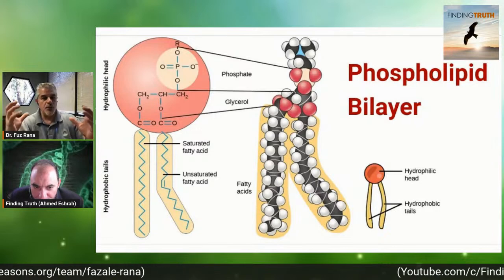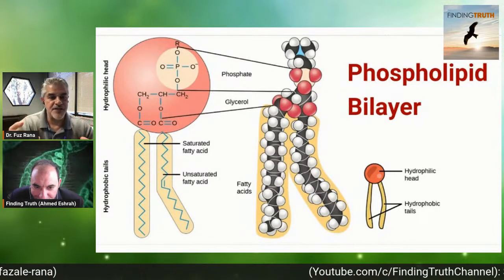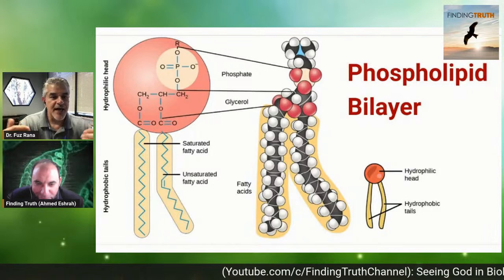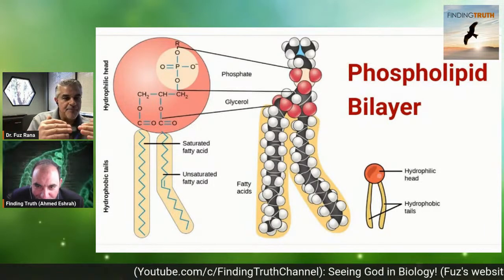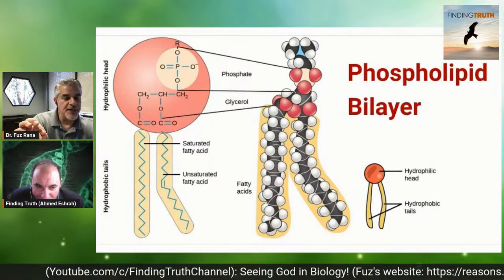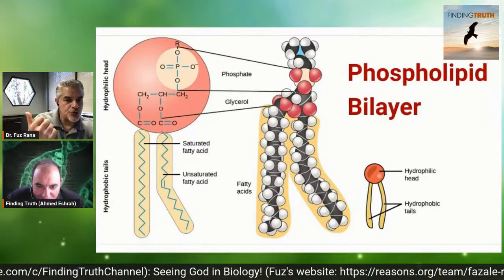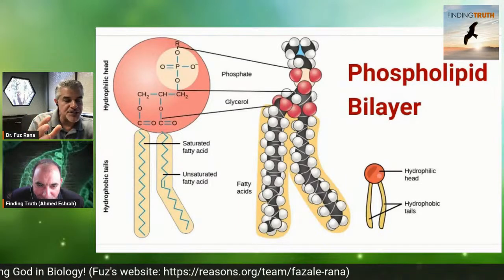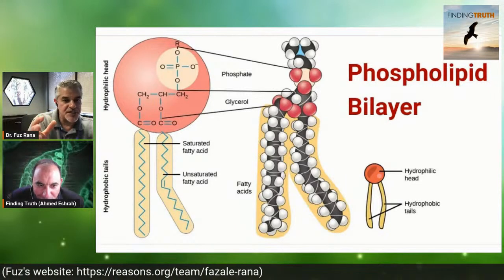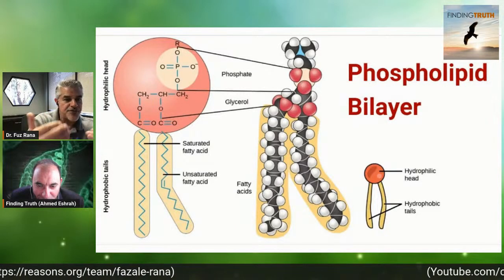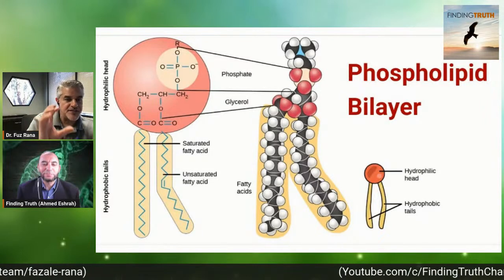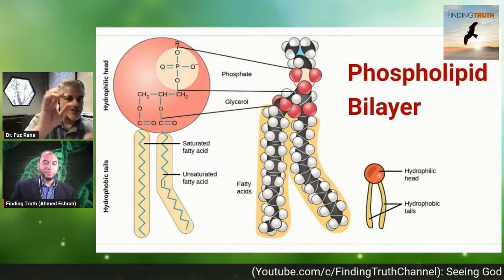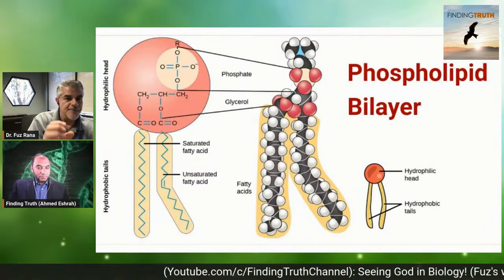And so when you look at a phospholipid, you have to have a glycerol backbone, because you need 3 OH groups. The glycerol backbone is the simplest organic material that gives you 3 OH groups that serve as attachment sites for the phosphate and the 2 hydrocarbon chains.